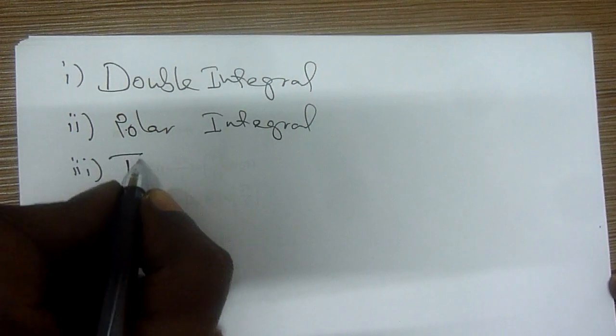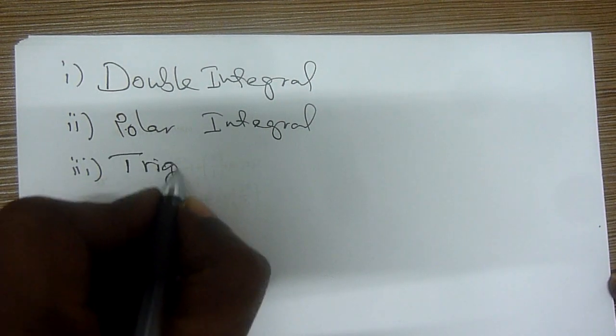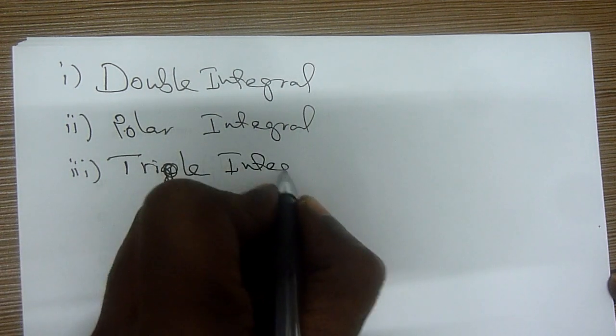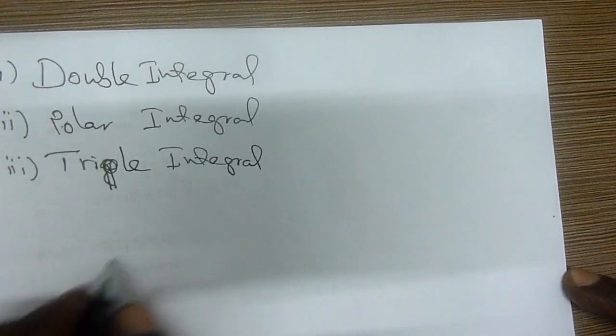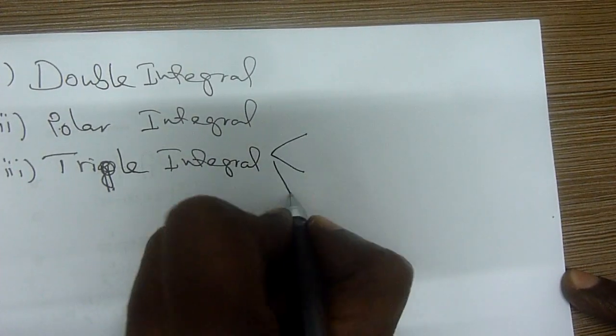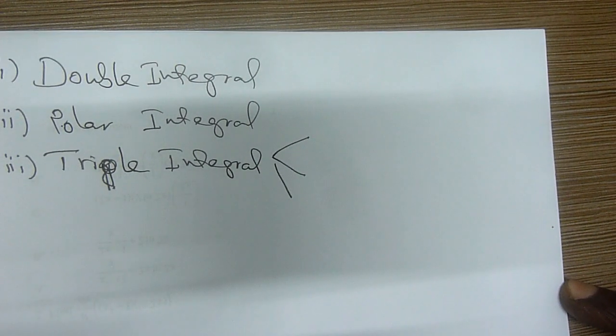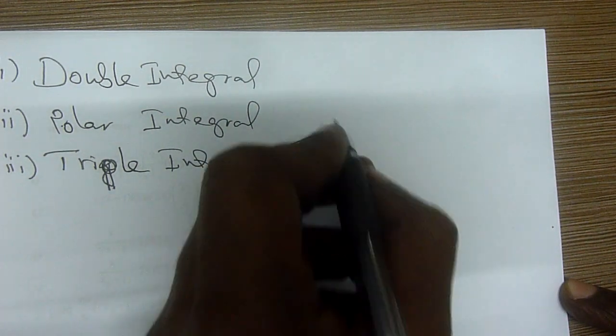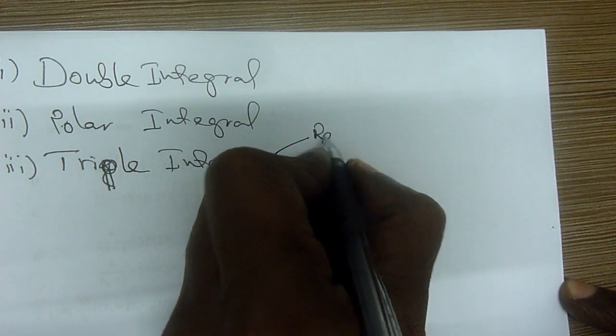And we're going to learn what we call triple integral. Okay, triple integral. Here we already learned two or three concepts basically. This is a triple, as I said. Triple we already learned for the rectangular.